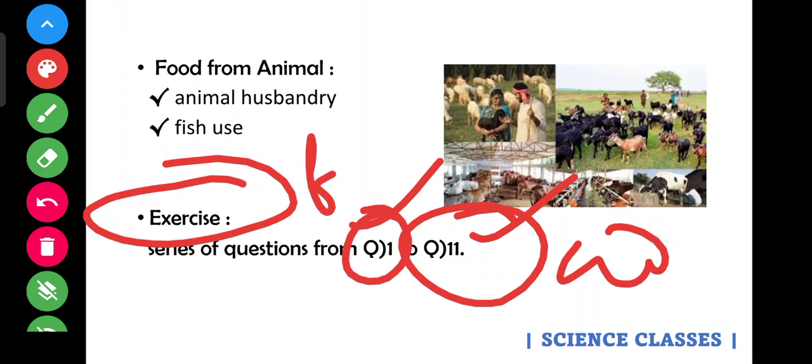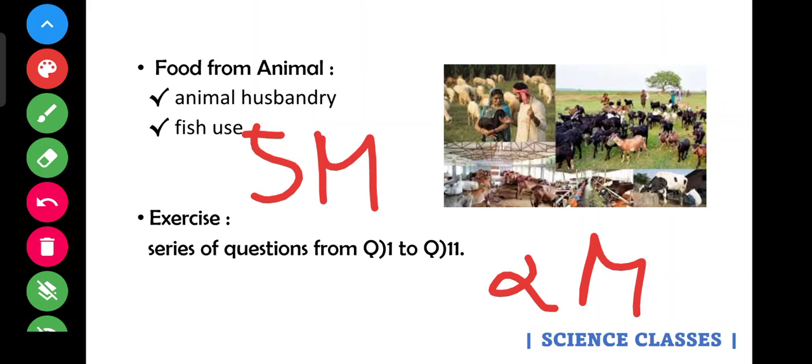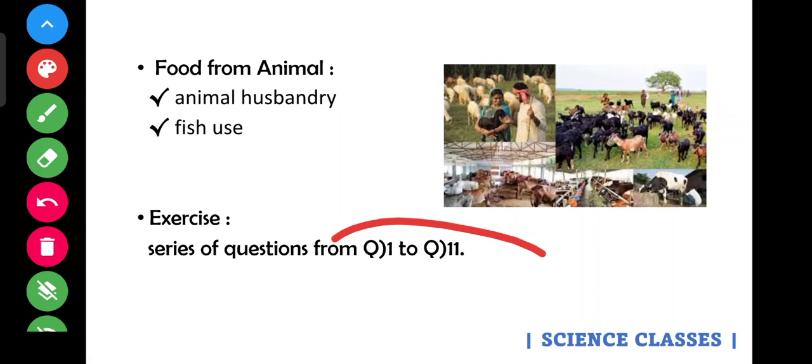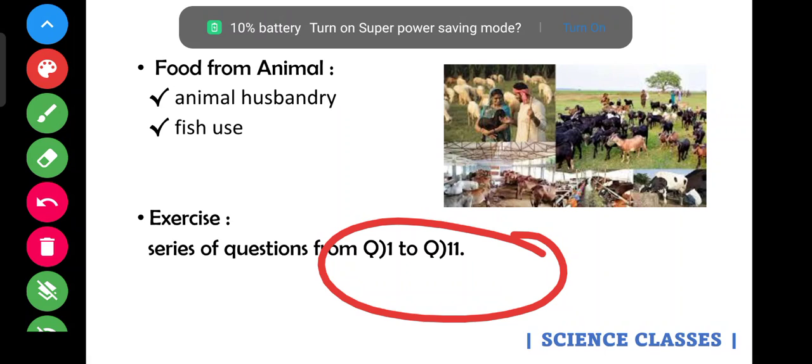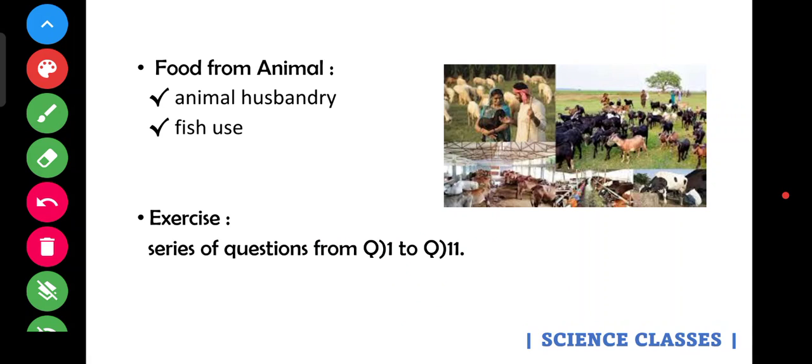A few questions are fill in the blanks, a few are 5 marks, a few are 2 marks, and a few are MCQ types. There are several different types of questions. In further classes, I will upload the exercise questions with answers, so that it will be easy for you to understand the class 8 science chapter 1, crop production and management, even better.